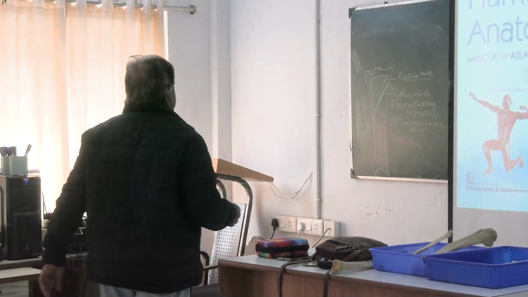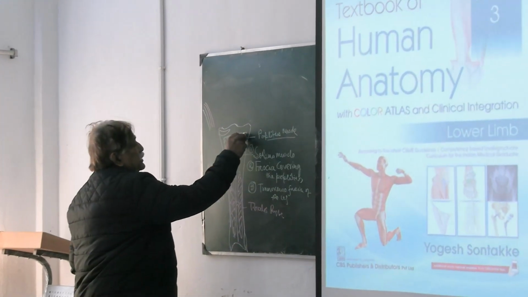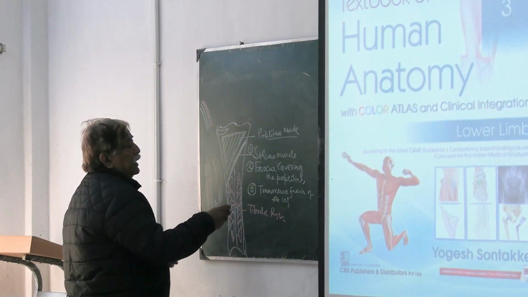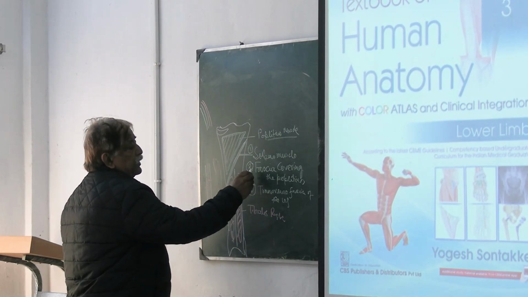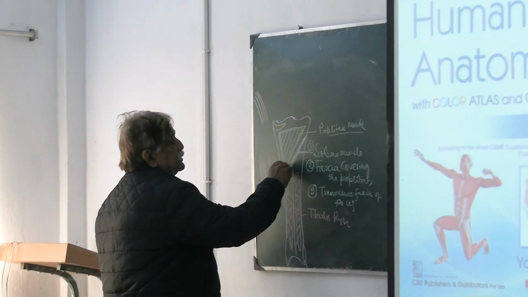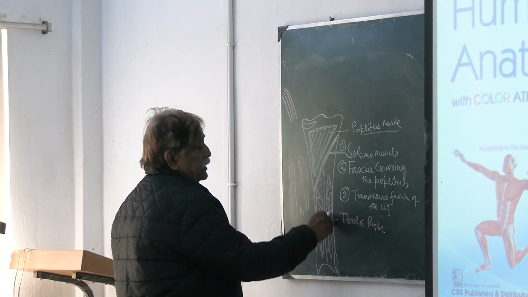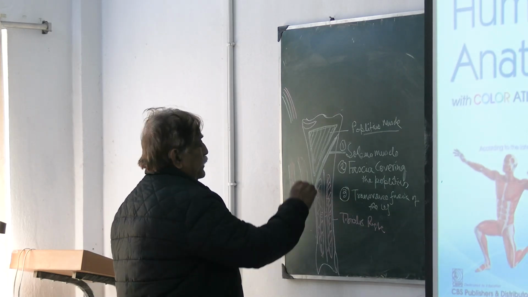You see the soleus muscle. This is the popliteus, and this is the soleal line. Now, the fascia covering the popliteus. These are the tibialis posterior, the transverse fascia of the leg.